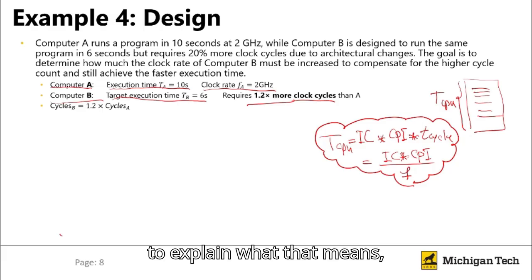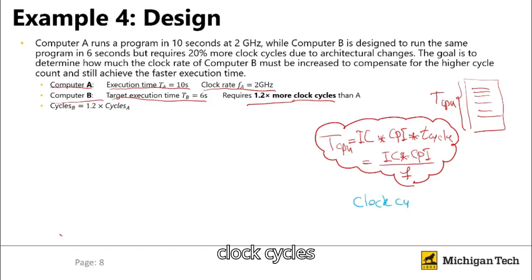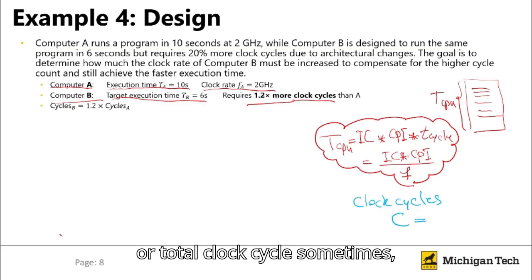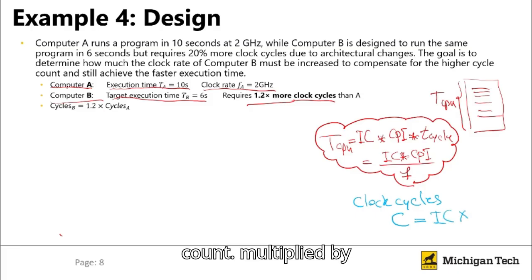So to explain what that means, first we want to see what clock cycle means. If you go back to the main formula, clock cycles for one program, or C, or total clock cycles sometimes, is equal to instruction count multiplied by clock per instruction.